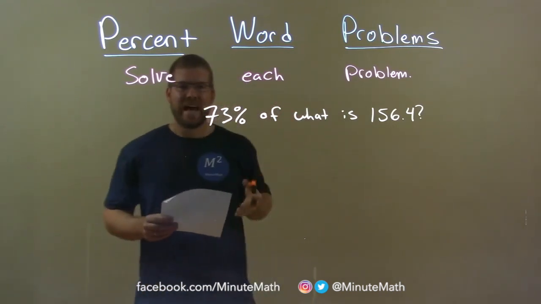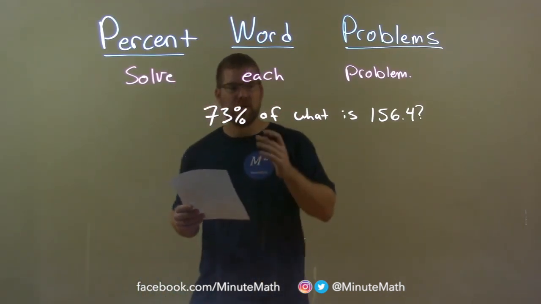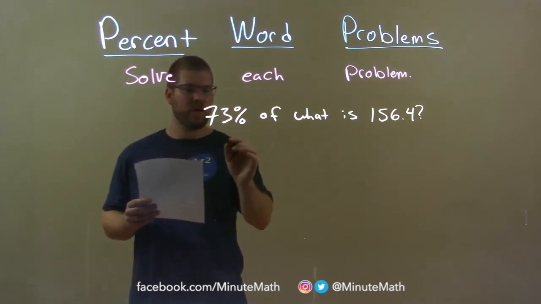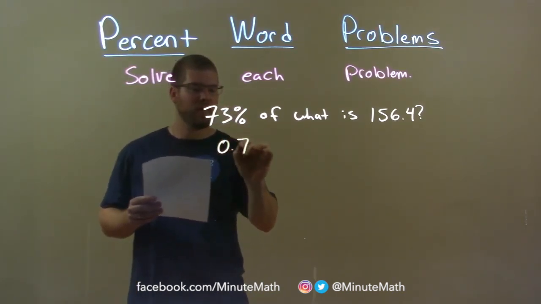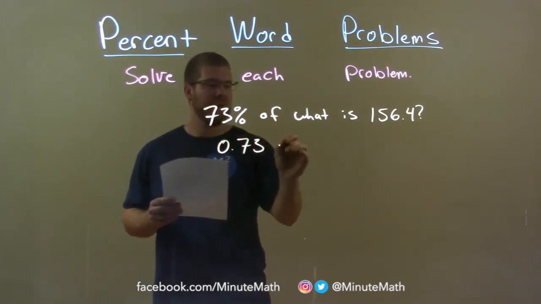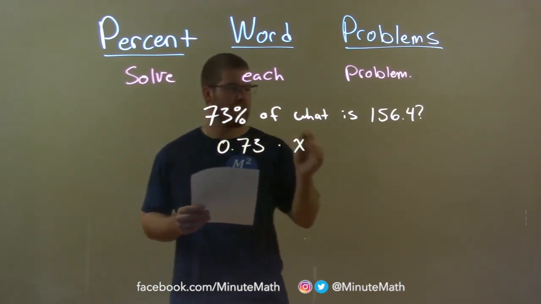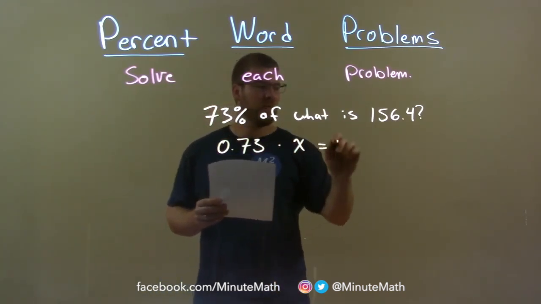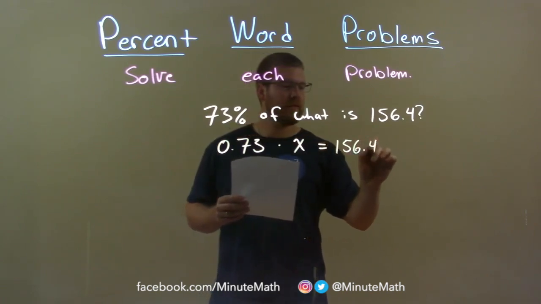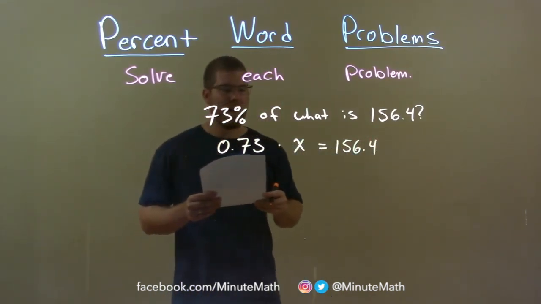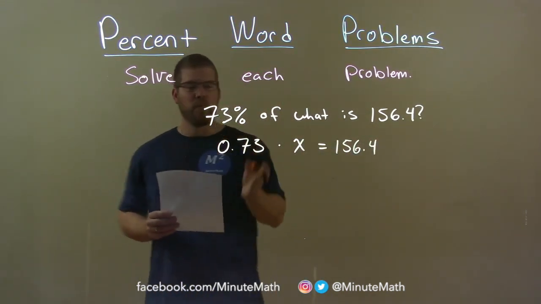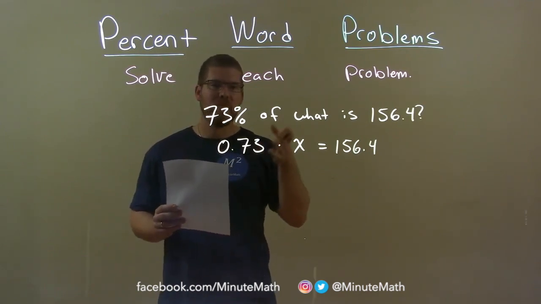Let's write this as an equation first, okay? 73% as a decimal is 0.73, of multiplication, x. What we're looking for, the variable, is equal to 156.4, okay? So now we have to solve for x. Well, we have multiplication here. Opposite of multiplication is division.